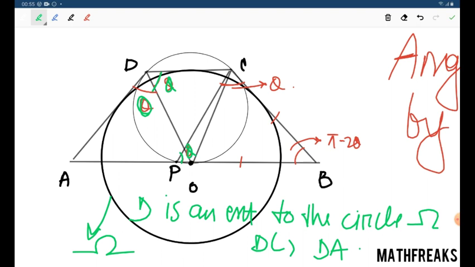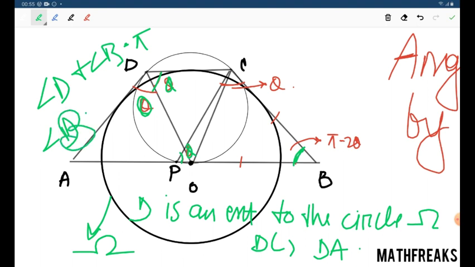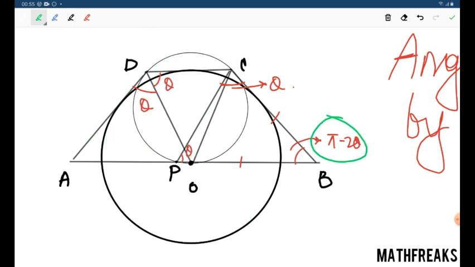So this is theta, this is theta. Now since this is a cyclic quadrilateral, angle D plus angle B is going to be pi. So angle B is simply pi minus angle D, and angle D is what? 2 theta. That is pi minus 2 theta.